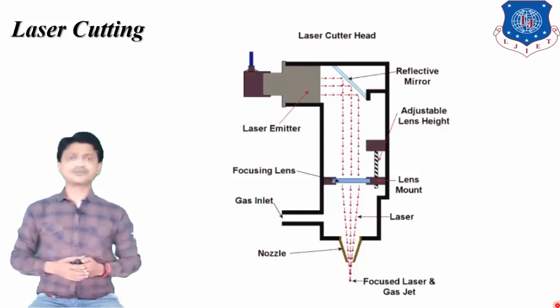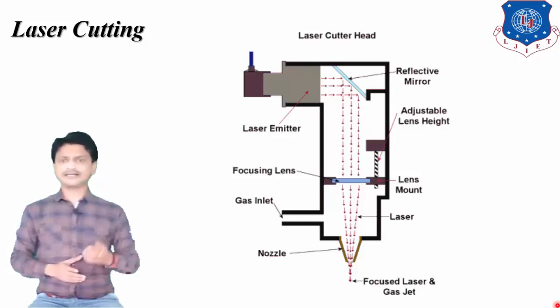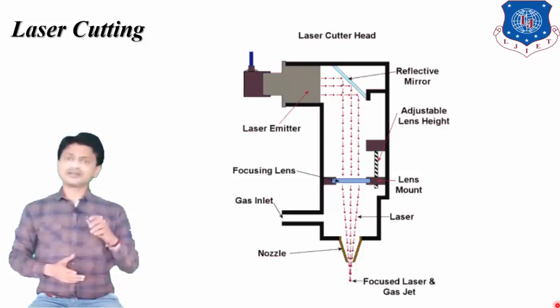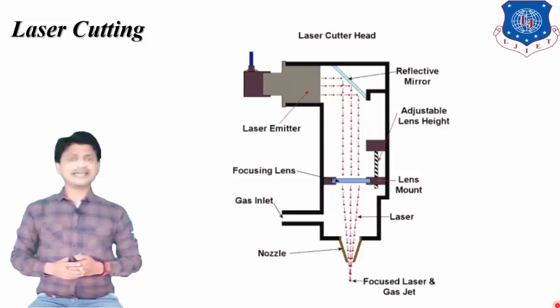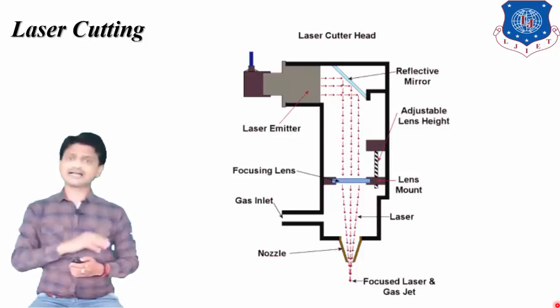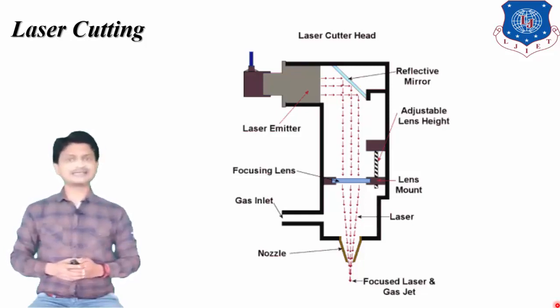So in this video we have discussed the applications of laser in material processing, welding and cutting. In the next video we will start a new chapter, that is waves, motion and acoustics.